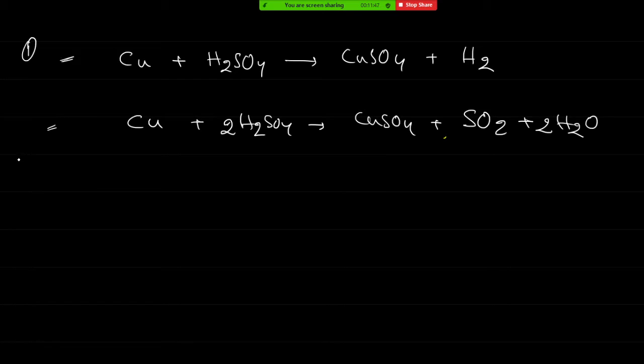The other limitation of this hit and trial method is that it takes a lot of time to balance complicated equations. Very long equations with so many elements take a lot of time to balance. The third one is the mechanism: how this reaction is taking place, what the steps of this reaction are, we cannot understand by the hit and trial method.